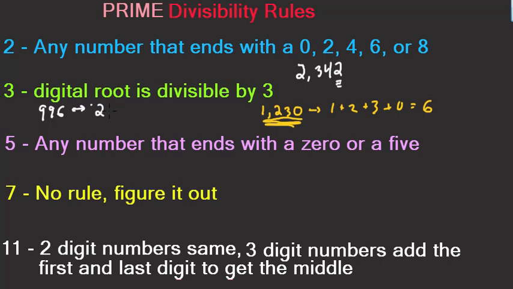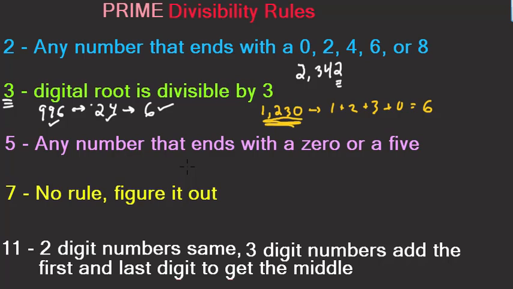And if I add the 2 plus the 4, I get 6. Since 6 is divisible by 3, 24 is divisible by 3, and so is 996. They're all divisible by 3. So that's how you figure out the rule for 3.